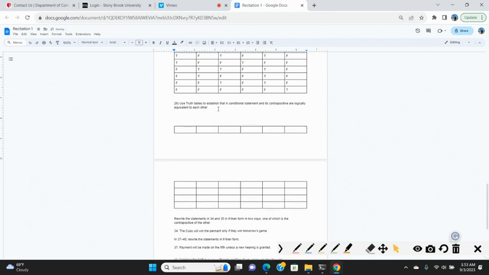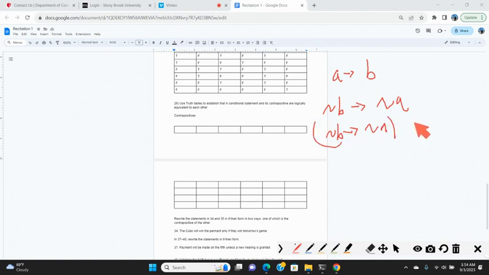So in the textbook, or presumably in the lecture, we learned about the concept of contrapositives. Basically, if we have a statement A implies B, then the contrapositive would be the negation of B implies the negation of A. And what we're told is that the contrapositive is logically equivalent to the regular conditional.